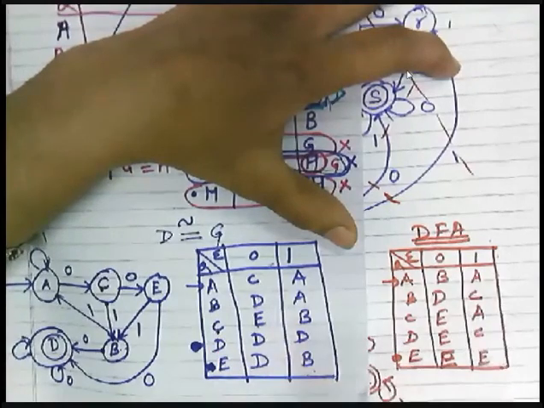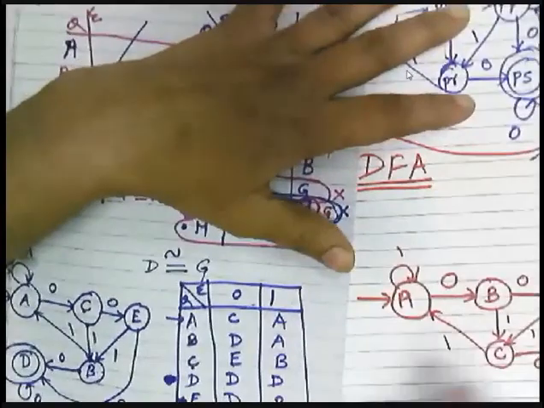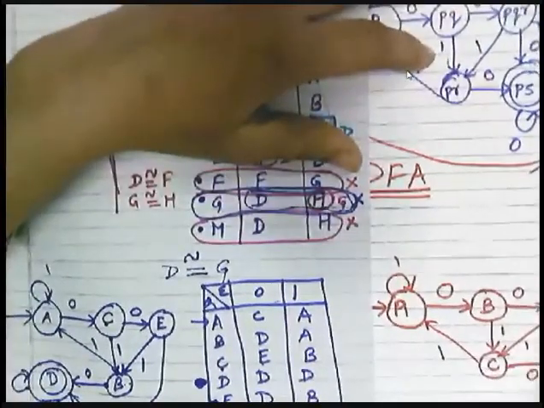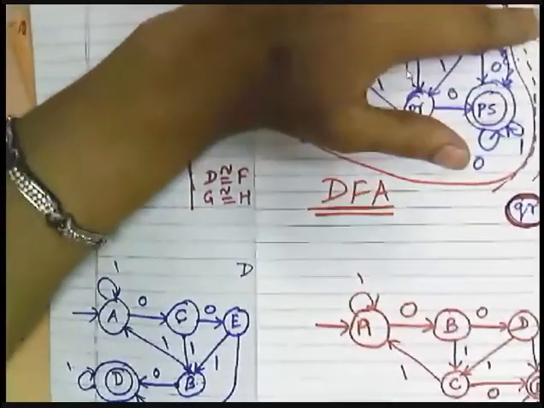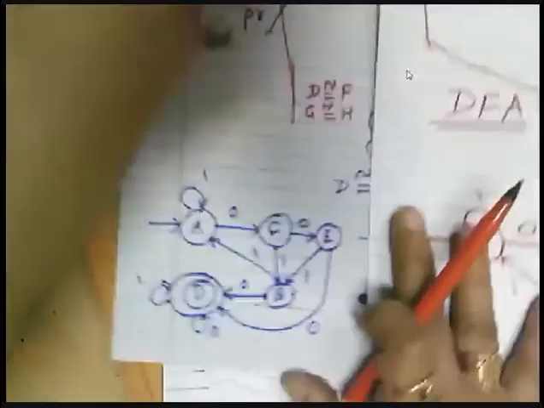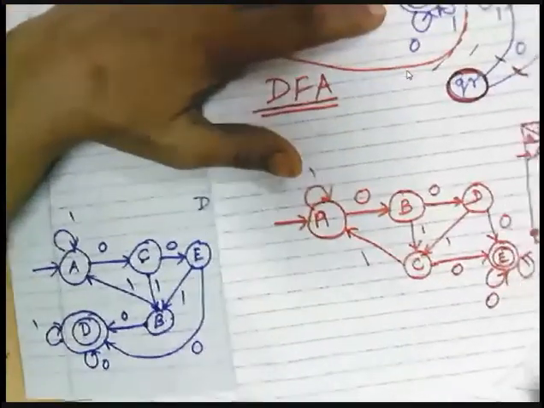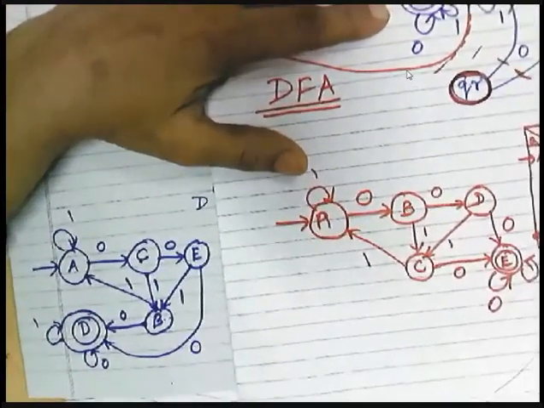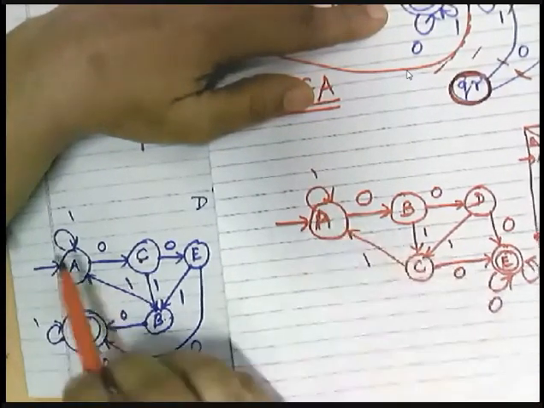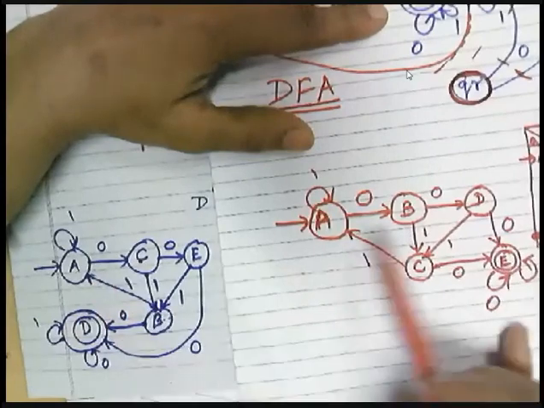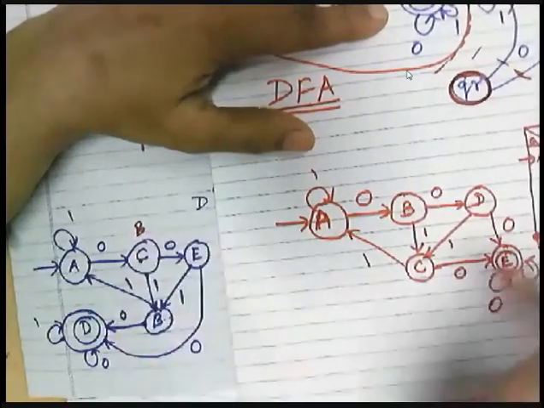So if you compare these two diagrams now, are you able to compare? So now see these two diagrams. There is a state A, on 1 moves to itself, on 0 moves to B. So actually it is our B in this diagram.